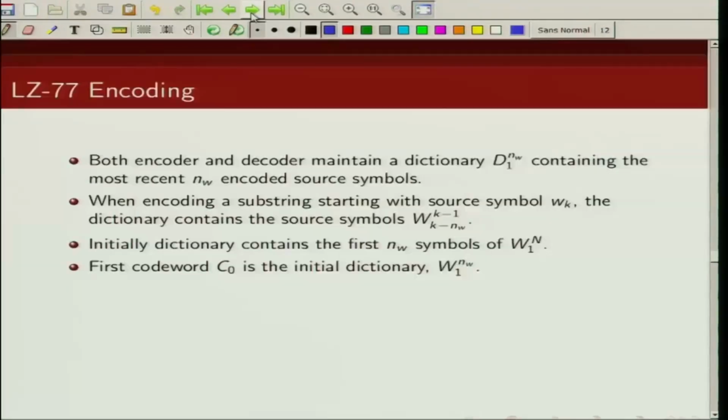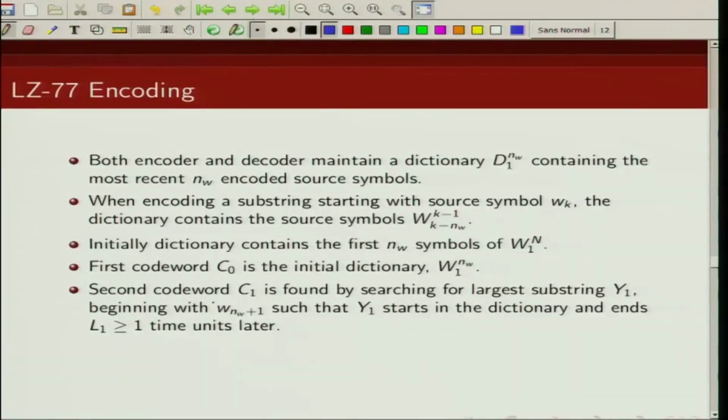The first code word C0 is nothing but the initial NW contents of the dictionary. Next, the second code word C1 is found by searching for the largest substring Y1 beginning at location NW plus 1 such that Y1 starts in the dictionary and ends L1 symbols later.